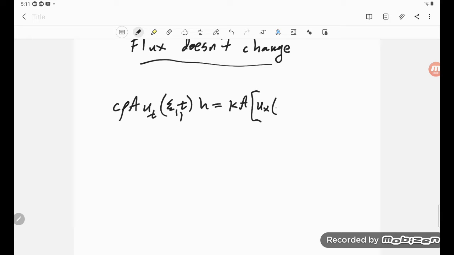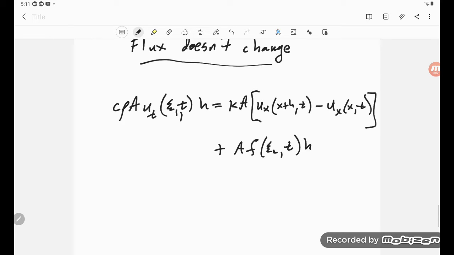Don't know my right from my left. x plus h comma t minus, and then at the left, u sub x of x and t. So there's the flux, and then plus that total energy, and that was our A times f at some c2, t times h. And in this case, a is less than both c1 and c2.